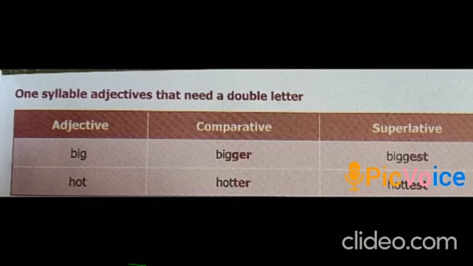For that, to make it comparative, what we did, B-I-G-G-E-R. That is, the last consonant G is doubled here, and ER is added to make it comparative. And to make it superlative, EST is added. Okay, one more thing. Hot, hotter, and hottest.